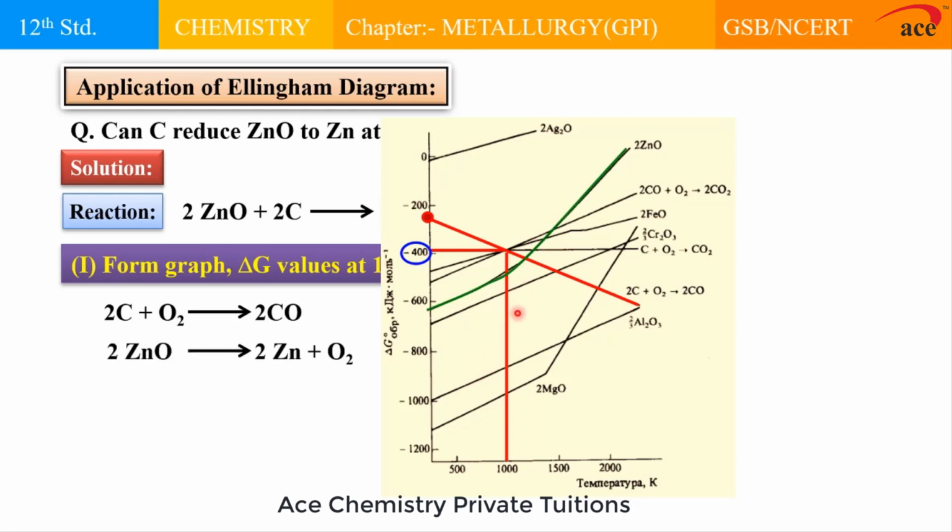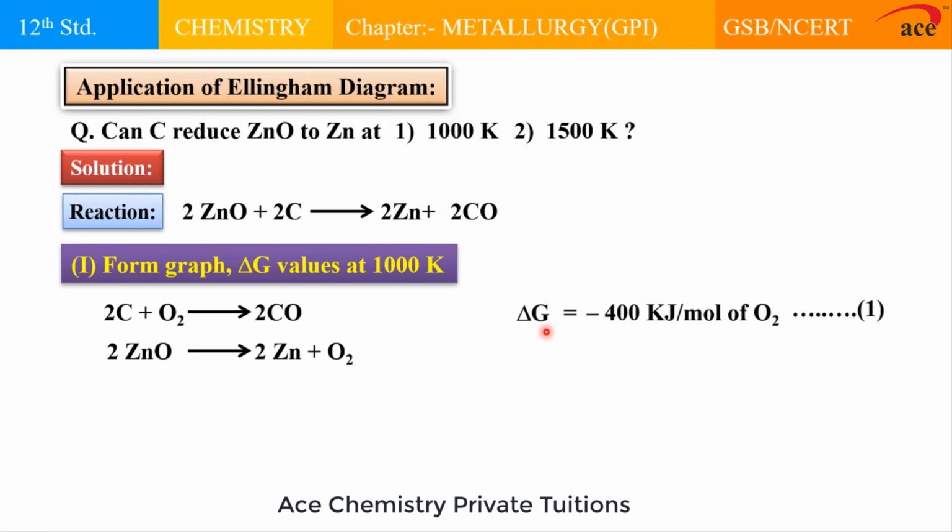At 1000 Kelvin, the value of delta G naught for the formation of ZnO is between minus 600 and minus 400. Let's say it is minus 550. So from this graph we got the values of formation of CO from C and formation of ZnO at 1000 Kelvin, and the values can be written like this.